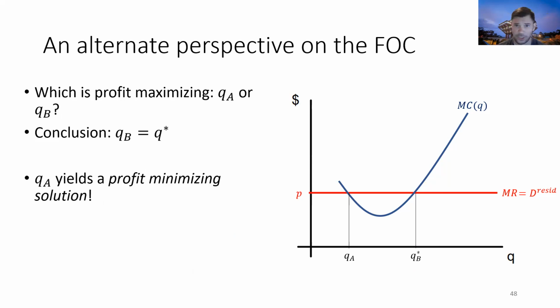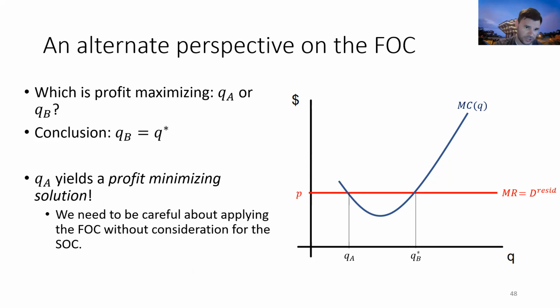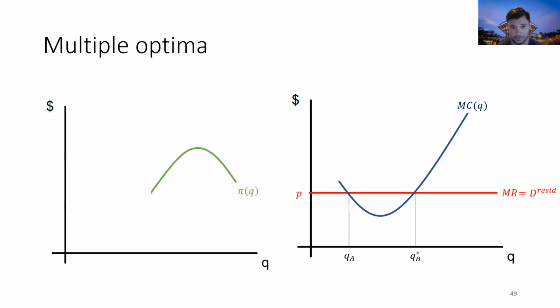And I'm going to show you that QA actually is a profit minimizing solution here. So again, we have to be a little cautious about applying the first order condition. Here is what we're looking at, but from an output oriented perspective. QB put us at the top of our profit function. We were at the top of the hill there. But QA, unfortunately, put us at the bottom of the valley, not at the top of the hill.